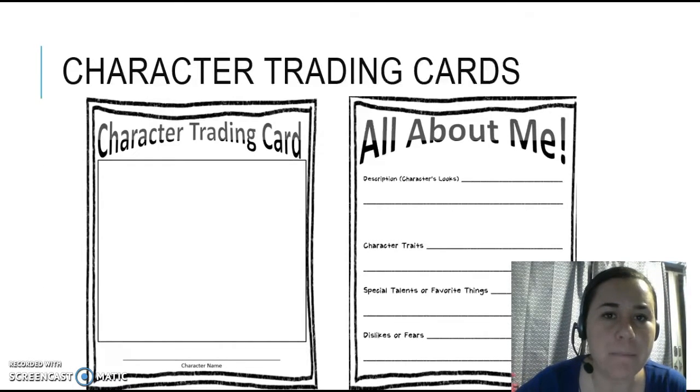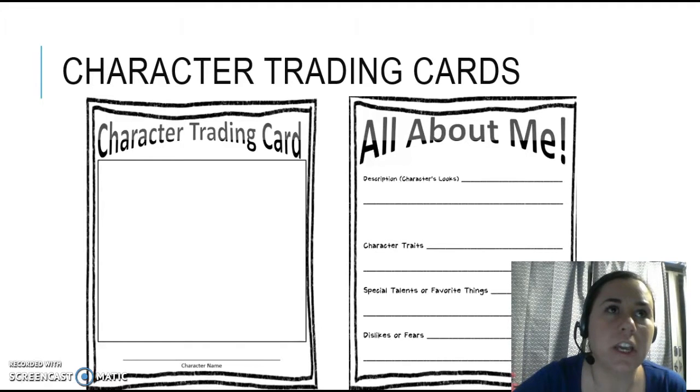Within this lesson, I actually did these character trading cards a couple weeks ago, but I did include this in here because, thinking about time constraints and how my lesson went, I ended up having to break it up into a couple parts. I thought it would be cool to do these character trading cards after the comprehension piece of sequencing the events, instead of prior.